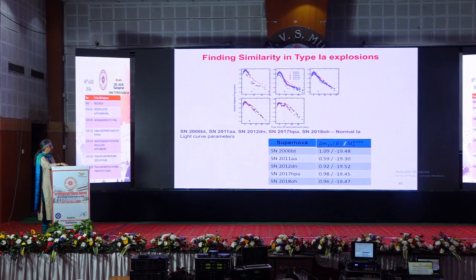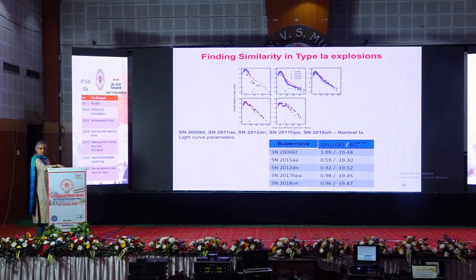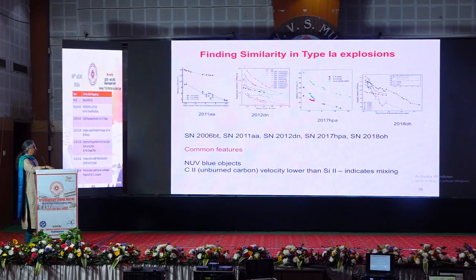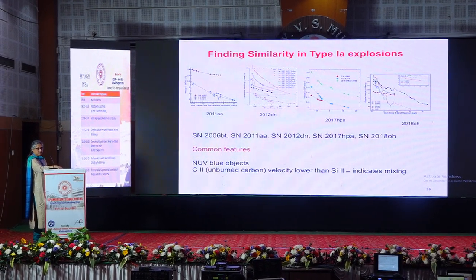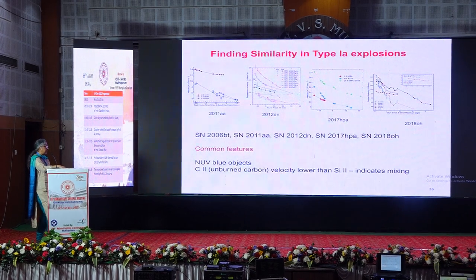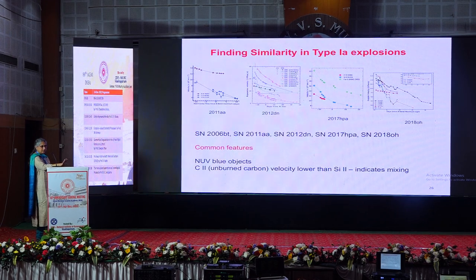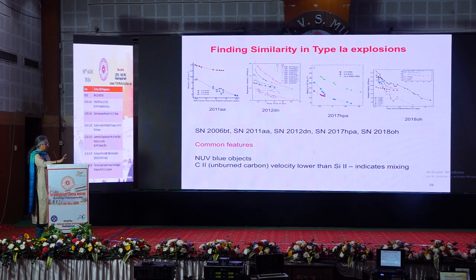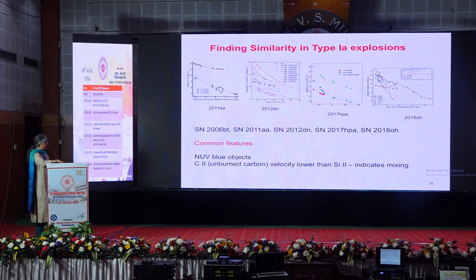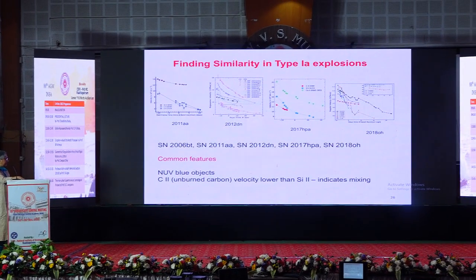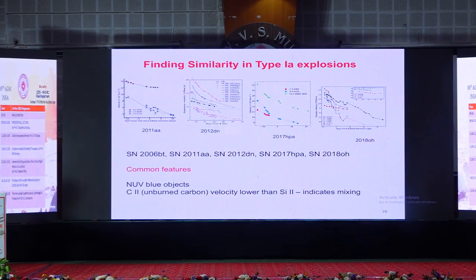As you can see from the light curve parameters, they follow the width luminosity pretty well. And they all have common spectroscopic features, in the sense that these are bluer objects, that is, they're slightly hotter than the normal 1As. And all these have unburned carbon in the inner layers, which indicates there's a mixing.